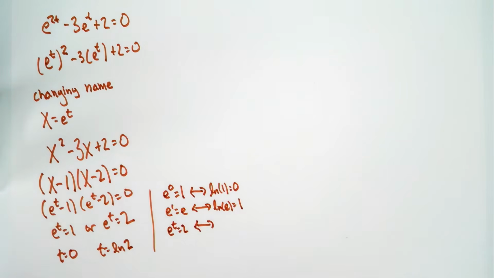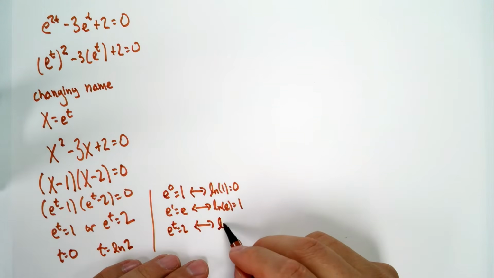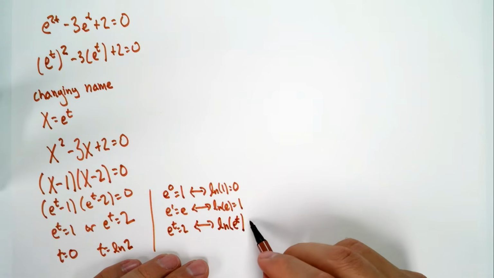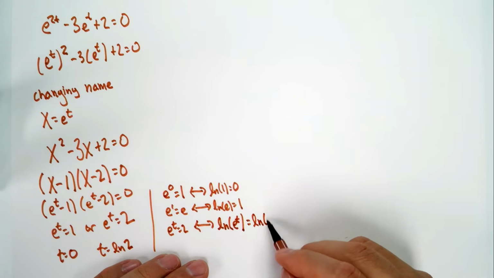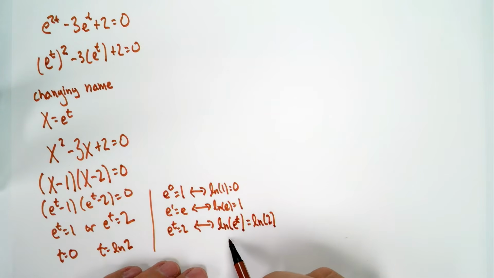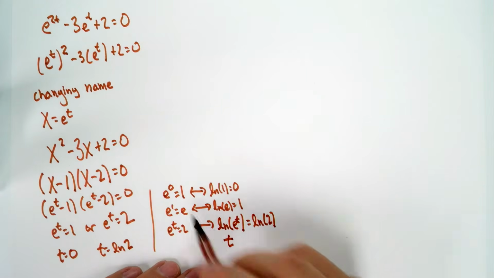Now, how do I do that? Well, I don't divide by e because I'm not canceling this value e. I have to undo this exponentiation function. So we do that by the thing that undoes the function. But if we do it to one side, we have to do it to the other side. We have to be careful to make sure we do it to the whole expression of both sides. And log of e to the t, by our properties, is t. So that's how we get t equals log 2.